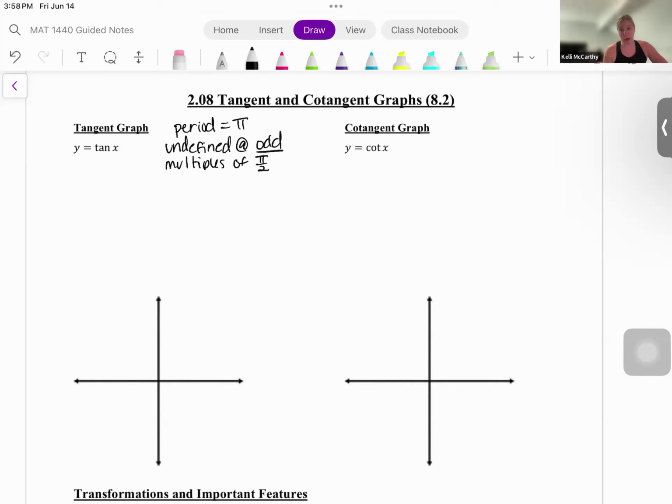So 1 times pi over 2, 3 times pi over 2, but not at 2 times pi over 2, which is pi. Tangent's not undefined at pi. Tangent at pi is going to be 0. Because this function is undefined at these odd multiples of pi over 2, what this is going to result in in terms of the graph are asymptotes.